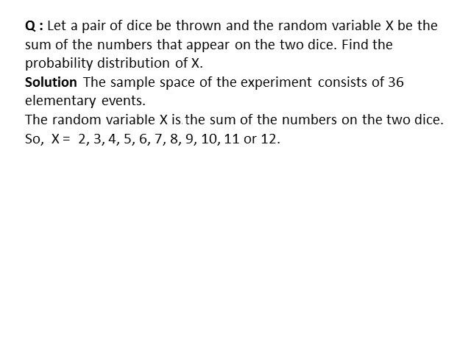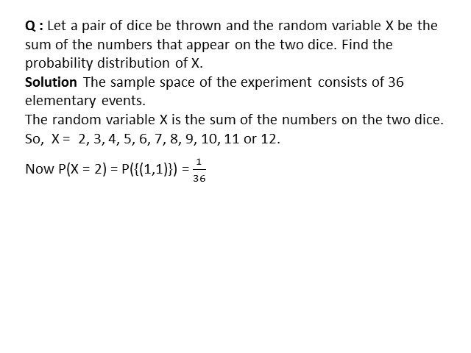The random variable x is the sum of the numbers appearing on the two dice. It means the minimum value of x is 2 and the maximum value is 12. So x equals 2, 3, 4, 5, 6, 7, 8, 9, 10, 11 or 12.